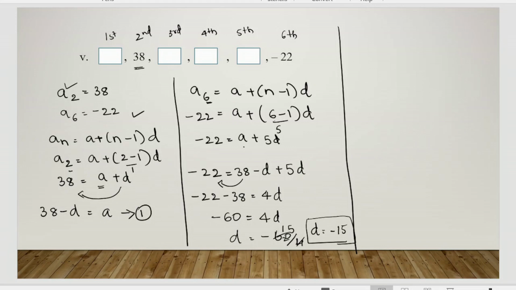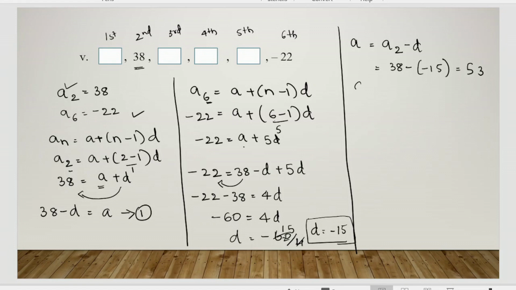So using the common difference d value, we will find the remaining terms. If you want the first term, that is a, it will be A2 minus d. A2 is 38, and the d value is minus 15, so it becomes 38 plus 15, which is 53.